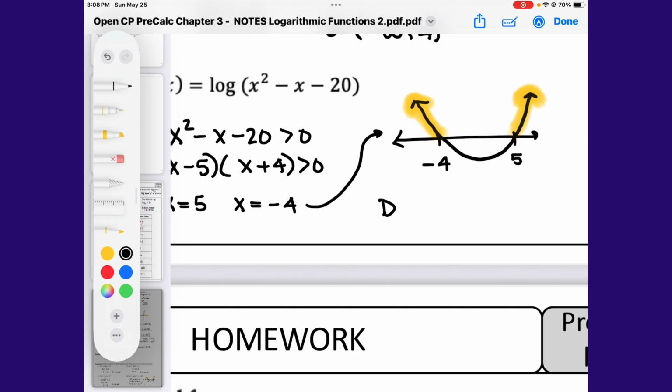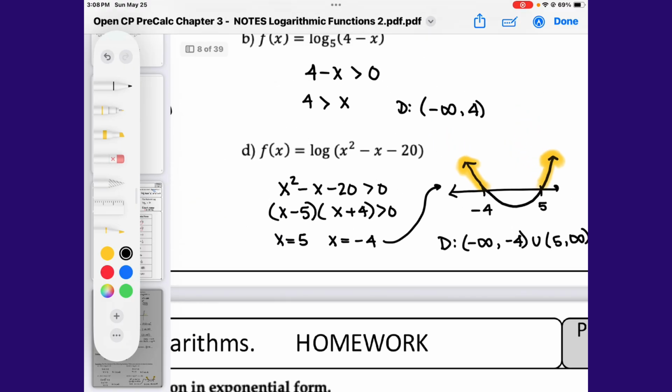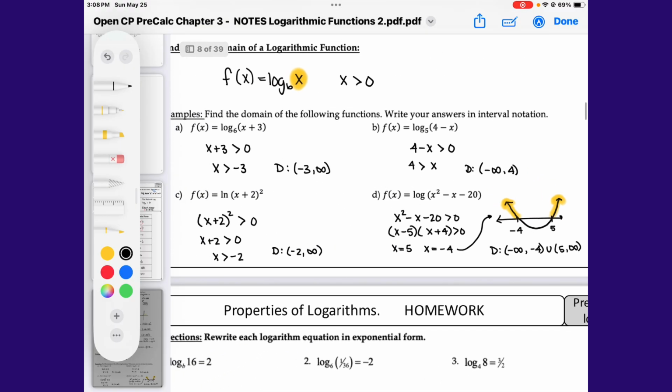So in order for our domain to stay positive, the x values have to be from -infinity to -4, or they have to be from 5 to infinity. And again, we're not going to include -4 or 5 because at those points we're equal to 0. And if we go back to our definition of the domain, that x value has to be greater than 0. It is not allowed to be equal to 0.